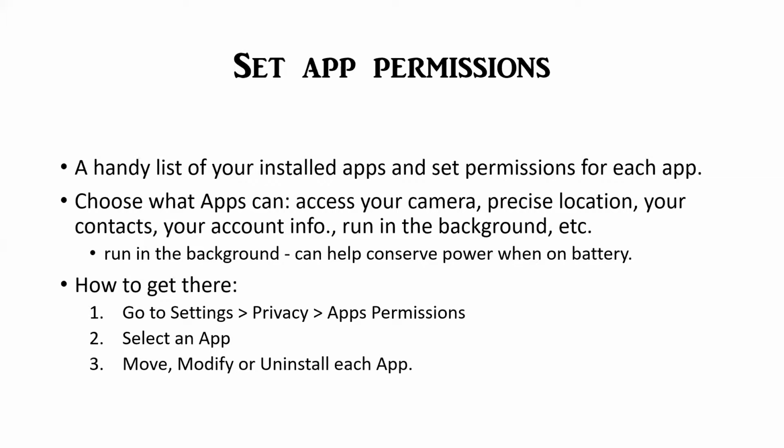You need to go in also and look at the permissions you give apps on your machine. Permissions are whether or not they have access to your camera, your precise location, your contacts, your account info, and whether they can run in the background, etc. We get there the same way we have so far.